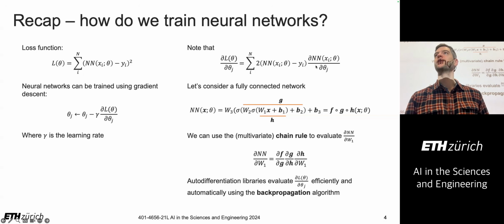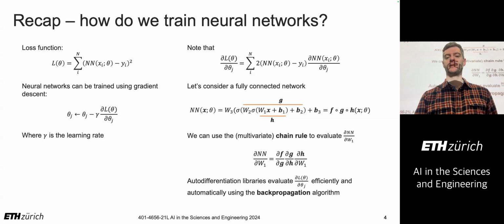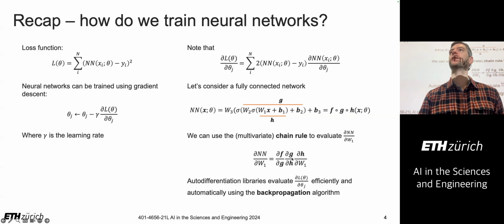And to do it, we use the chain rule. So we apply the chain rule to the gradient here. And that means evaluating the gradient of the network with respect to its parameters. And for example, if we took a fully connected network, that's just a composition of vector functions, functions that output vectors and input vectors. And so to evaluate the chain rule here, we just have to use the multivariate version.